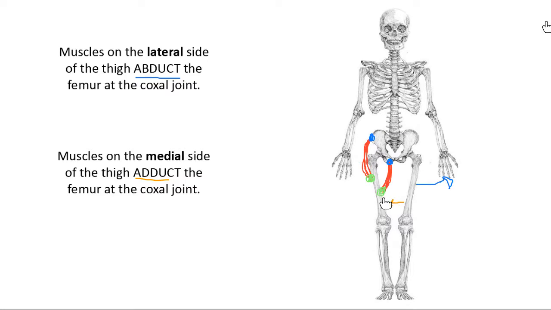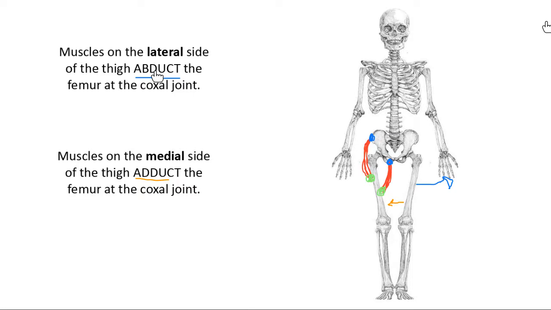So my femur goes back toward the middle. That's adduction. A muscle that lives in the middle part here is going to pull it toward the middle. A muscle that lives on the outside, out here, when I start pulling that insertion toward the origin, that's going to pull the whole femur out and away. That's going to do abduction.